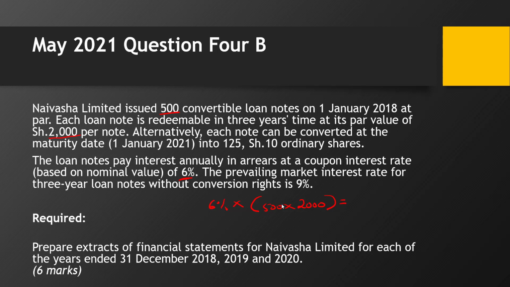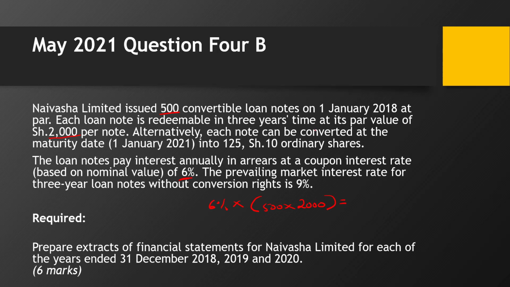So 1 million times 6% is 60,000. So that will be our cash flow.